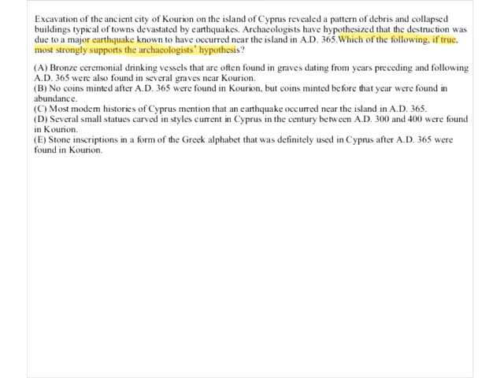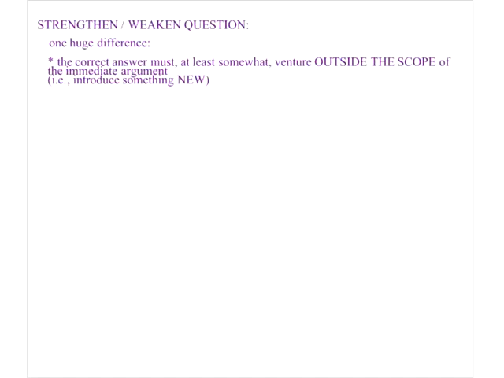The first is that it says, if true. That's a monumentally huge difference because now, unlike finding assumptions, we are not looking anymore at things that must be true. We're just assuming that whatever we tell you is true. So notice that you no longer are constrained to picking things that have to be true.